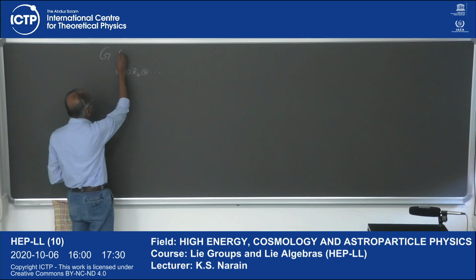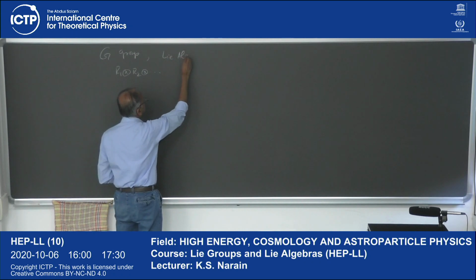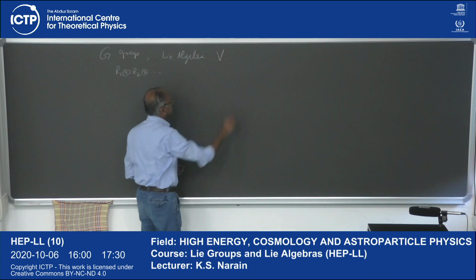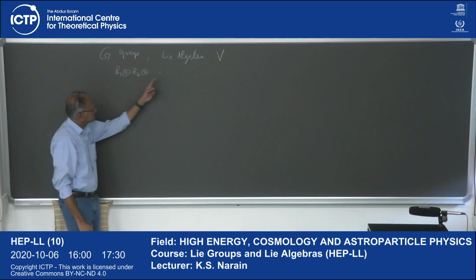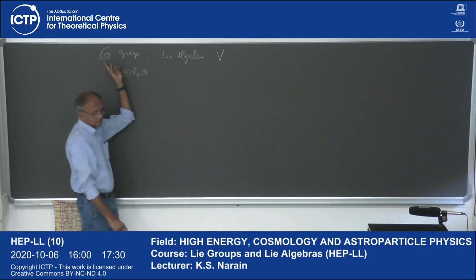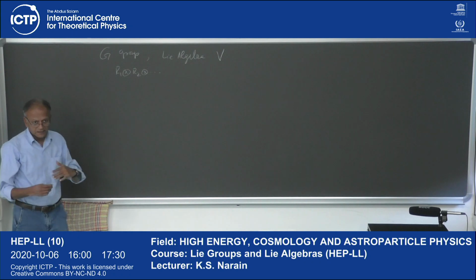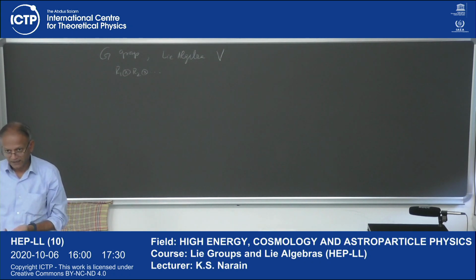There's a group G and the corresponding Lie algebra V. These are representations of V, which of course means they are representations of G, because as we have discussed, you can exponentiate the Lie algebra elements to get finite elements.